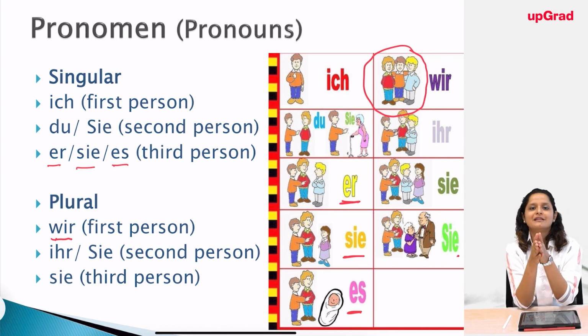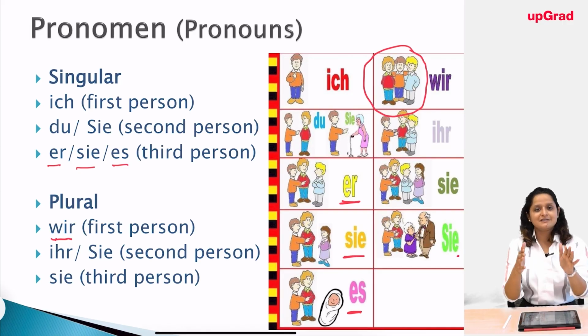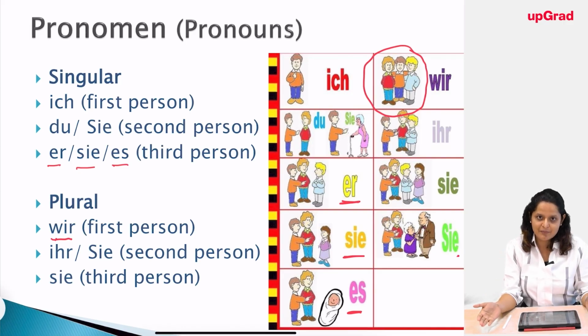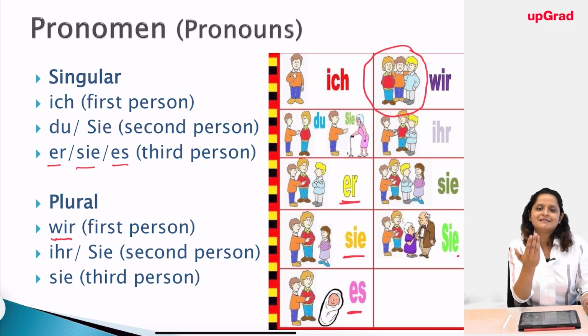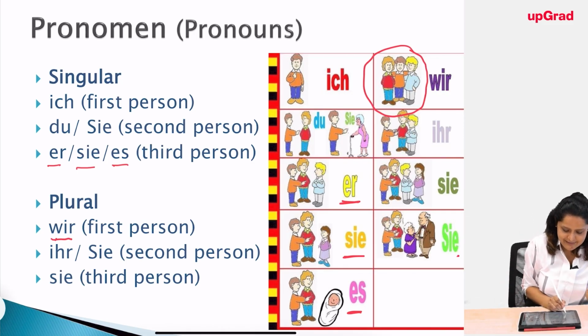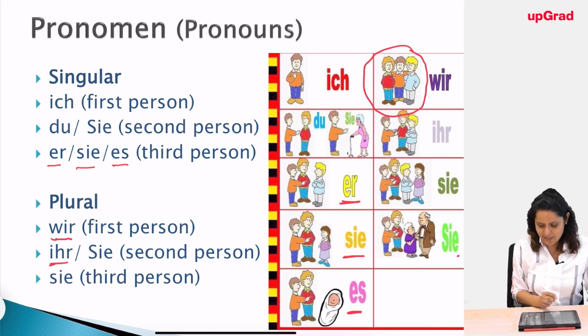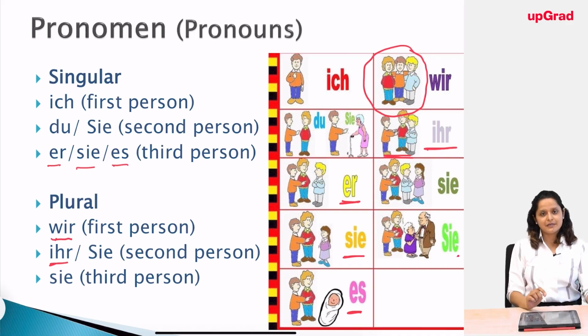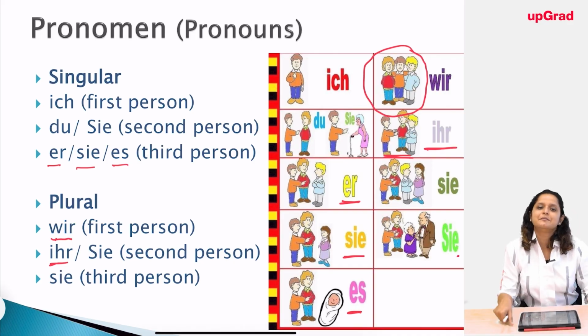I'm talking to all three together. The relationship with these people still remains informal. So, when I address a second person informally in plural, I address them as ear. So, if you see here, this is second person plural ear. When I am addressing more than one person as a second person informally, the address is going to be with the pronoun ear.